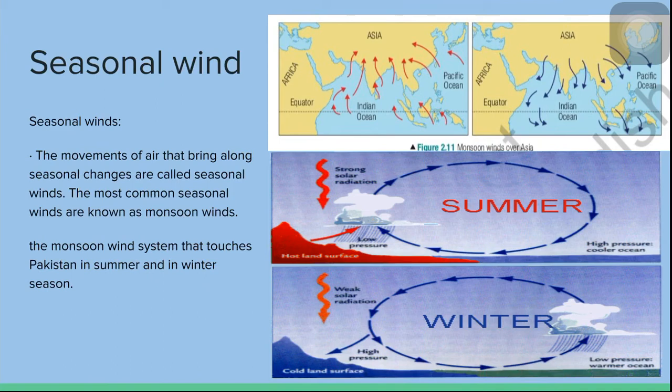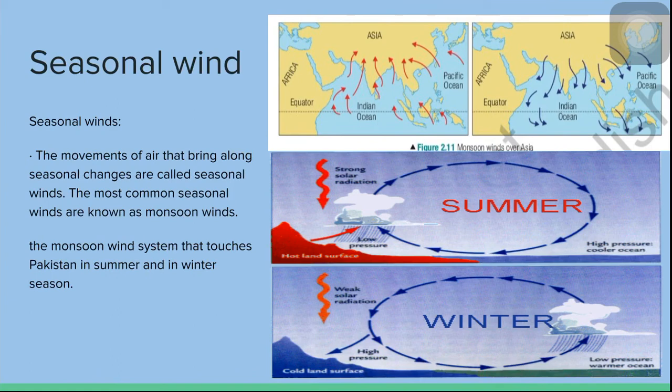But in the winter, because of the polar easterlies, the wind blows toward the equator. Now in the winter, the temperature of the sea gradually decreases, and it is the characteristic of the land that it easily cools and easily heats up. So the temperature over the sea arises as a low pressure belt, and over the land as a high pressure belt.